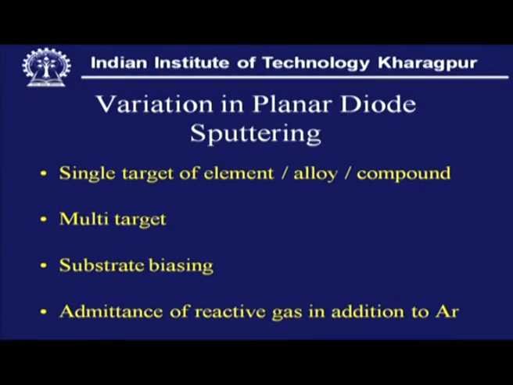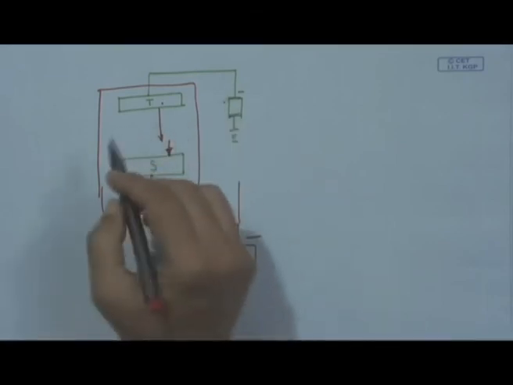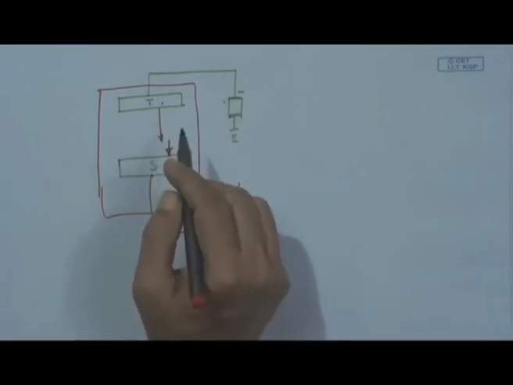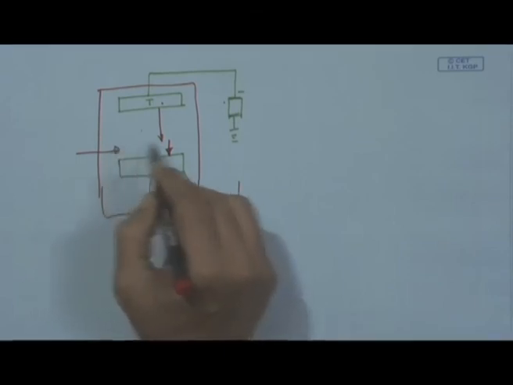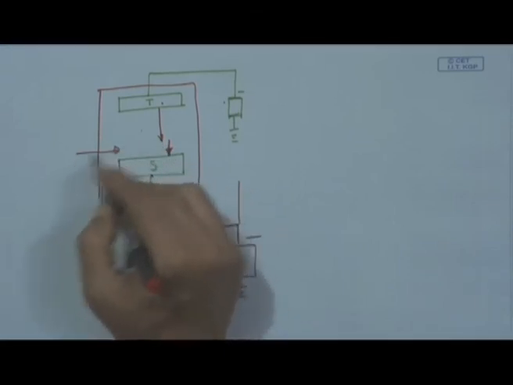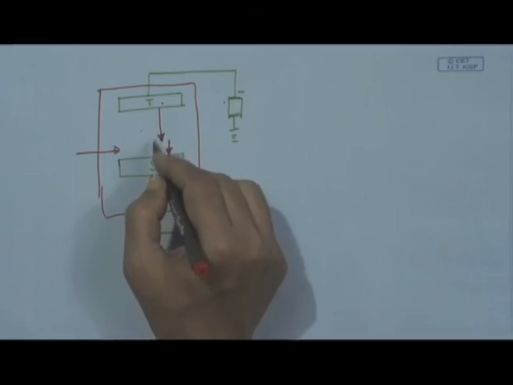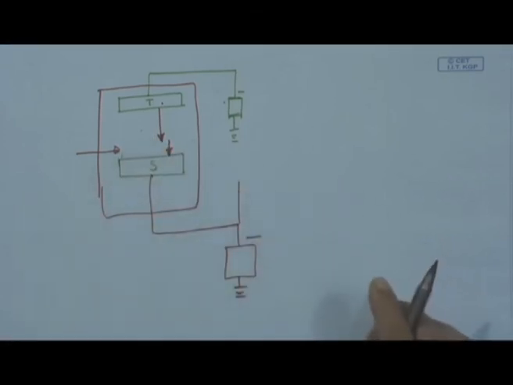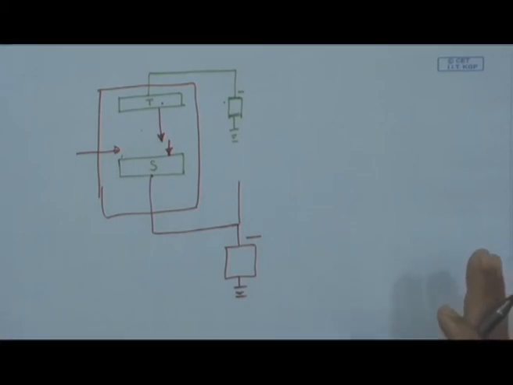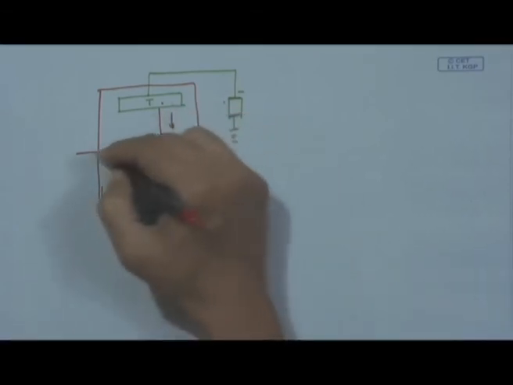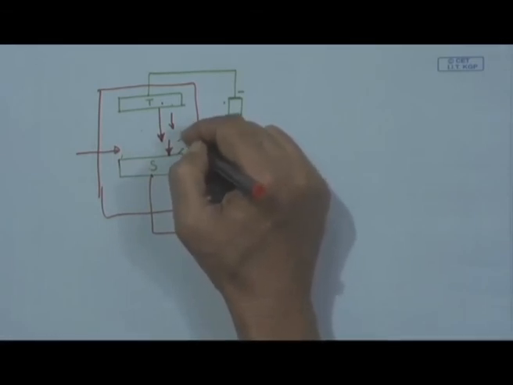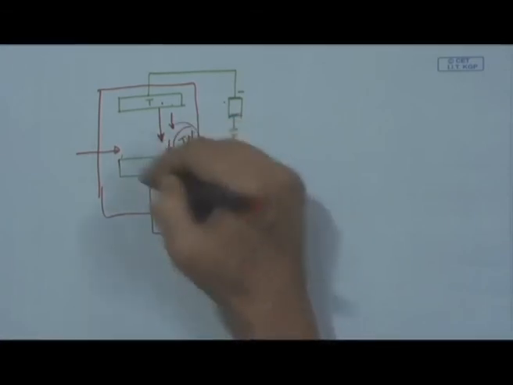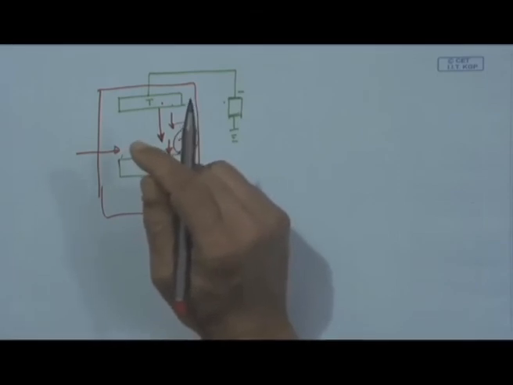So, when we have target material falling on this, if we have one reactive gas, then this reactive gas and this material which is getting condensed over that surface can also form a coating of a reaction product, say titanium from this target and nitrogen. So, we can have also TiN. This is called reactive sputtering.